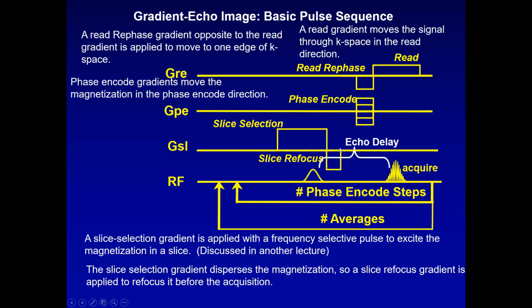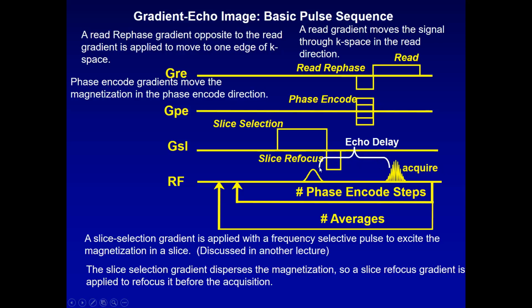When you read a paper on functional imaging, you'll notice they specify what echo delay they used. So the echo delay starts at the point that the magnetization is first tipped into the XY plane, and it ends at the center of the echo.